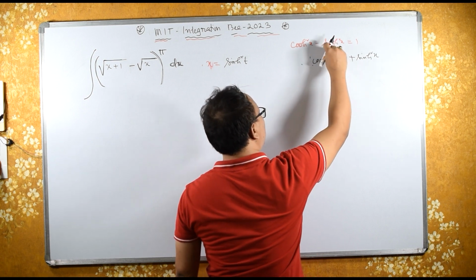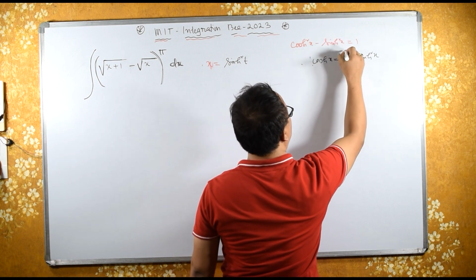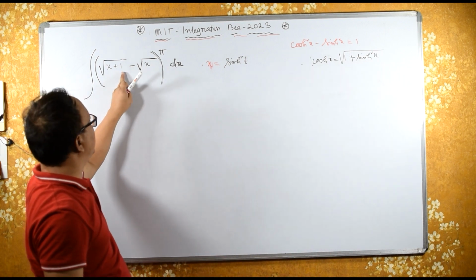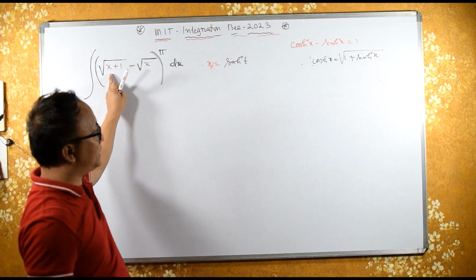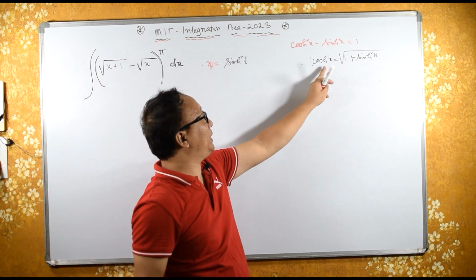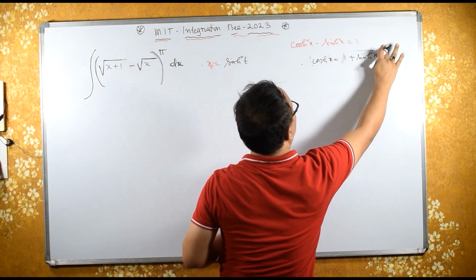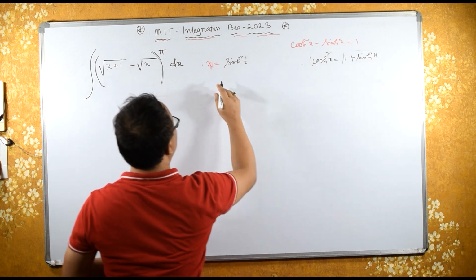If I want to remove the square, I have to take the square root on both sides. Therefore 1 plus x is cosh square. Or you can keep it like this. For the time being, let's do it like this.